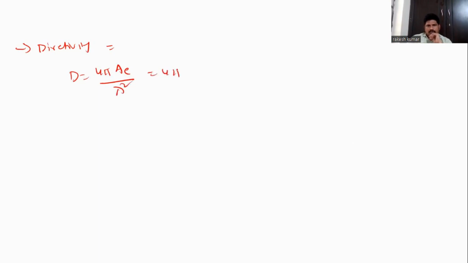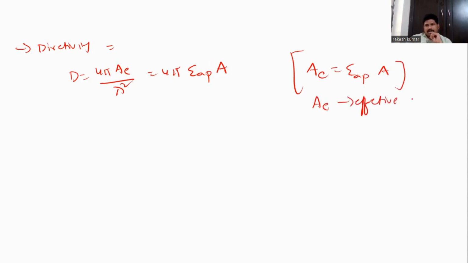So it is 4 pi into effective area, which I am writing as aperture efficiency into A. So what is this A? A is the physical area.